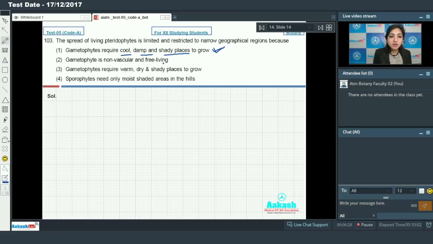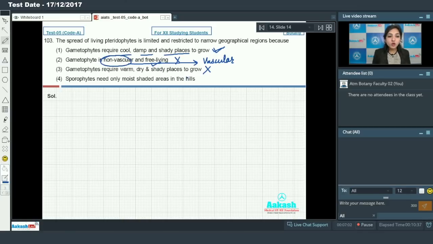Gametophyte is non-vascular and free-living. Gametophyte is free-living. This is correct. But gametophyte of pteridophyte is vascular. So this is incorrect. Gametophyte require warm, dry and shady places to grow. No, gametophyte needs cool, damp and shady places. So this is also ruled out.